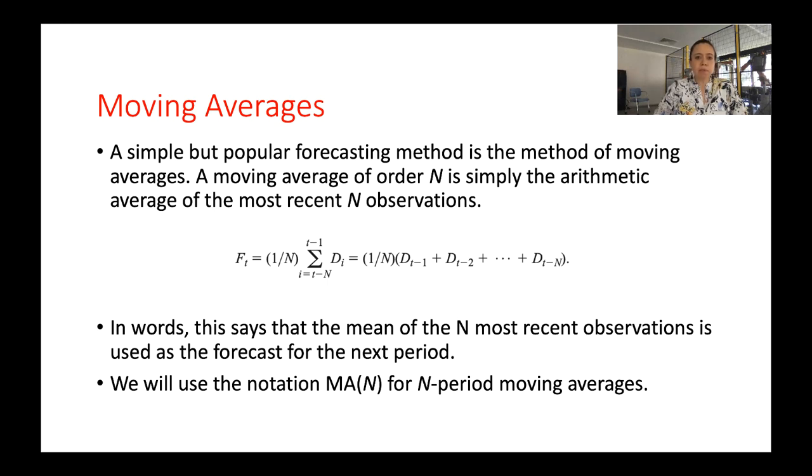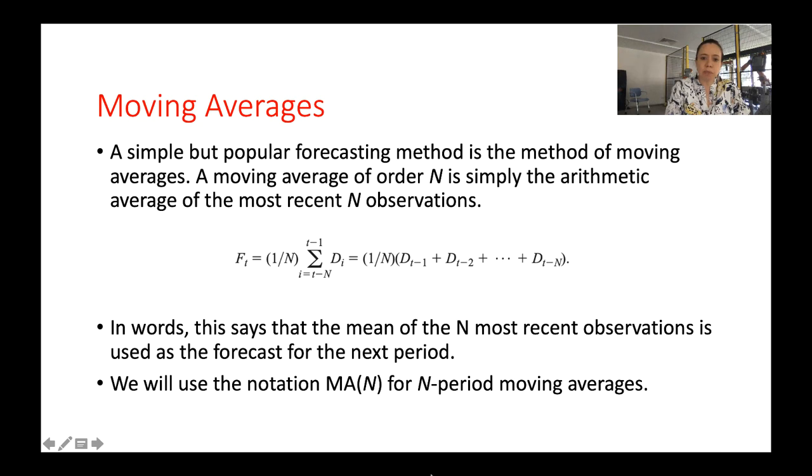This is a simple but very popular and practical forecasting method. We have a parameter n. We call this order n, and we have to determine this n before applying our method. And in this method, what we do is simply take the arithmetic average of the most recent n observations.